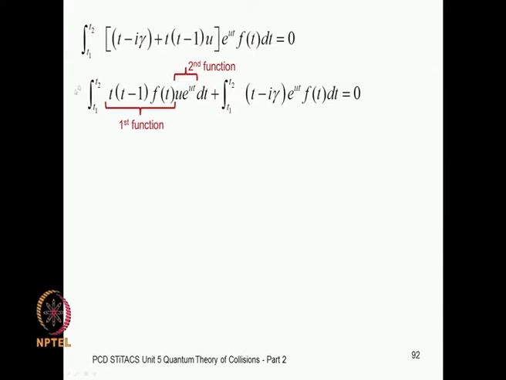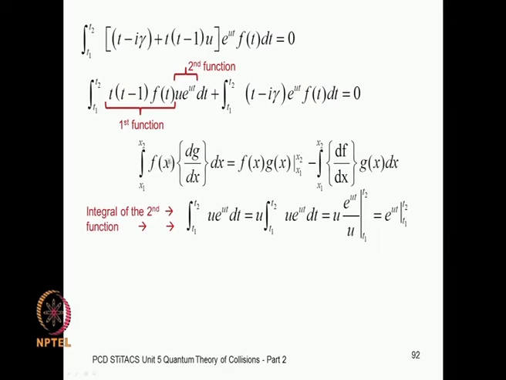you solve as an integral of a product of two functions, and that is a formula that we have by heart from our high school days, right. So, you take this as your first function, this as the second function, and then use this formula.